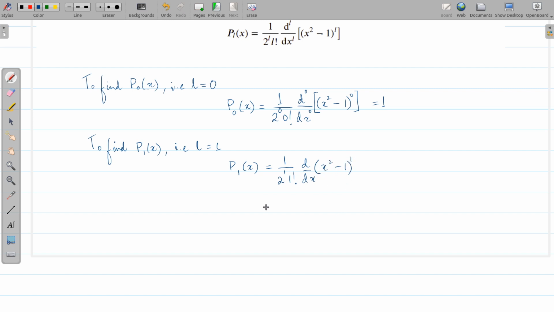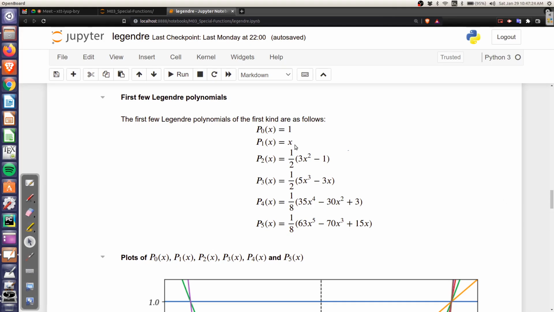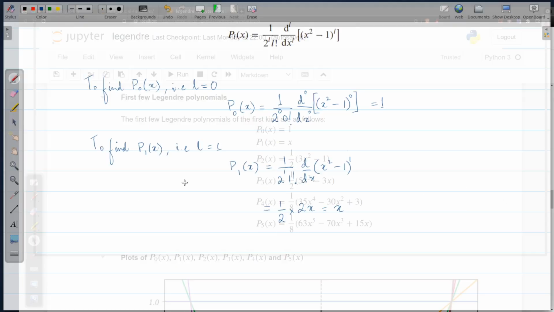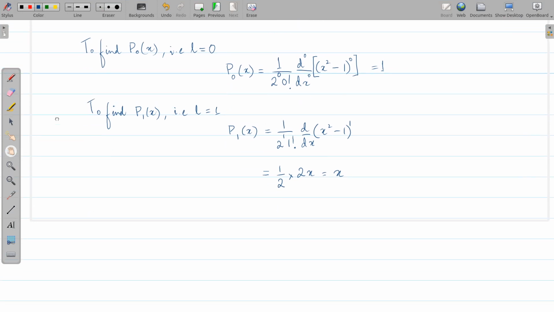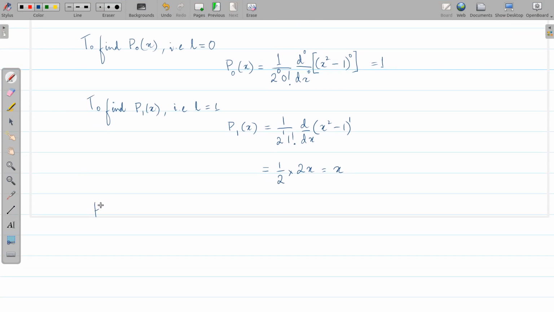So we have to differentiate this. 2 to the power 1 is 2, 1 factorial is 1, and the differentiation of this is 2 into x. So this gives us x. That is your Legendre polynomial P1. Just try it out for homework.